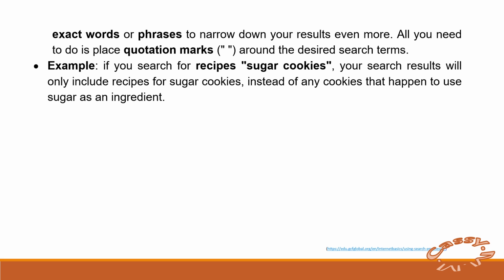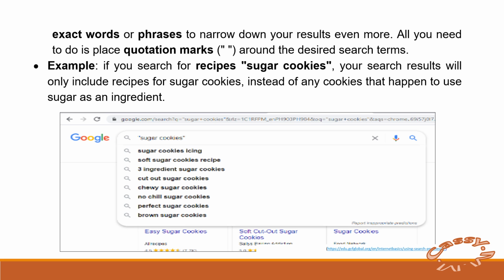You can also search for exact words or phrases to narrow down your results even more. All you need to do is place quotation marks around the desired search terms. Example: if you search for "recipes sugar cookies", your search results will only include recipes for sugar cookies, instead of any cookies that happen to use sugar as an ingredient.